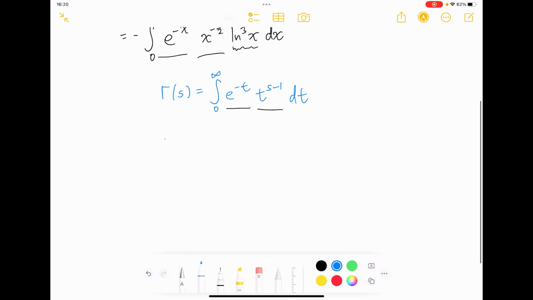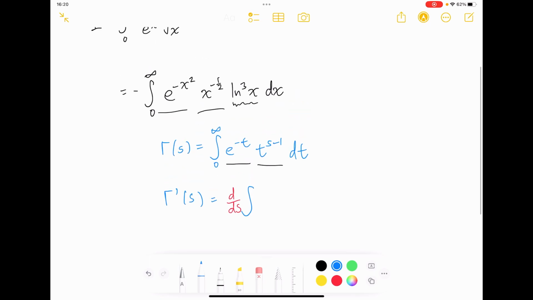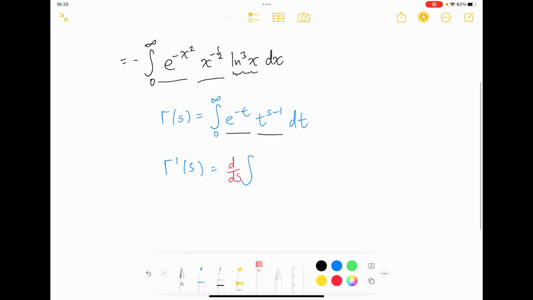So if we differentiate with respect to s, that's going to get us gamma prime of s. And we're going to have a differential operator on this side, along with the integral. Now, can we switch up these two integrals? In this case, we can, because we're going to find out that this is going to be evaluated at s equals a quarter later on.